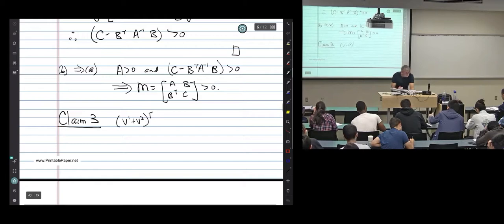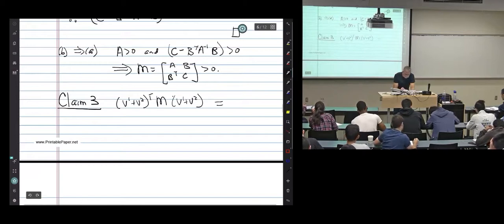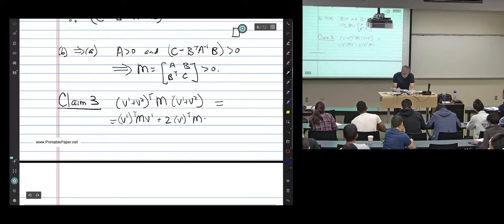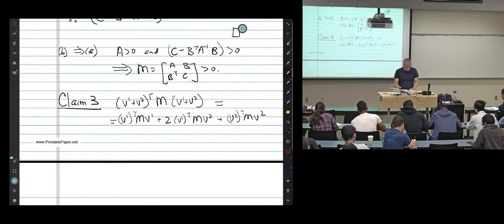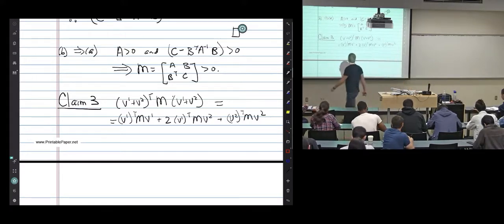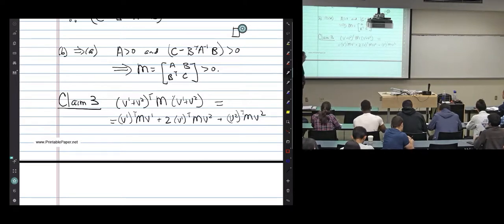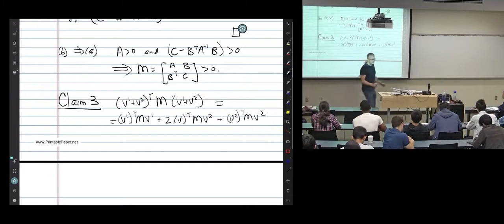If I take two vectors and sum them, I just get V1 transpose M times V1 plus 2 V1 transpose M times V2 plus V2 transpose M V2. We've already done something like this before.